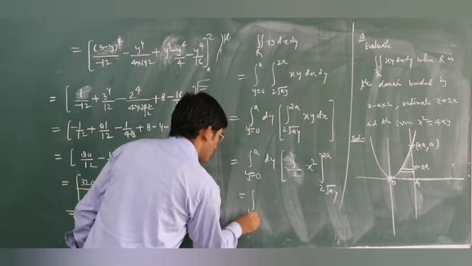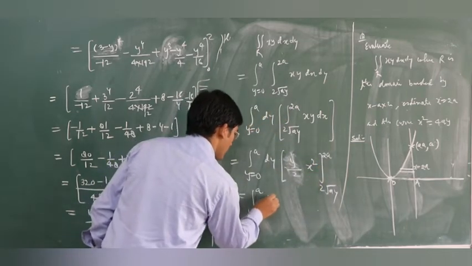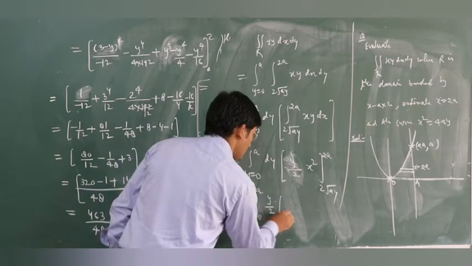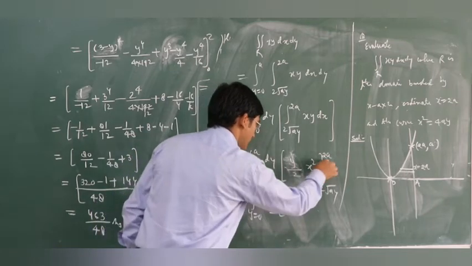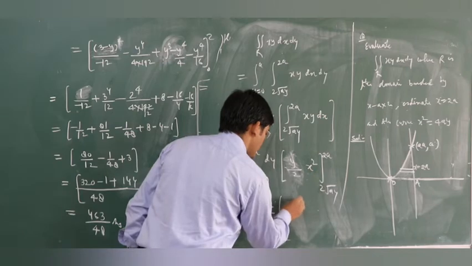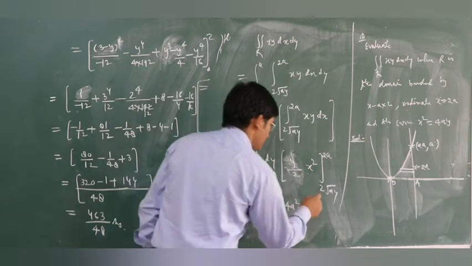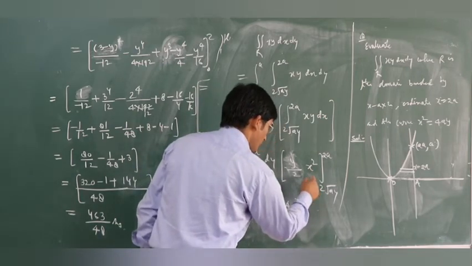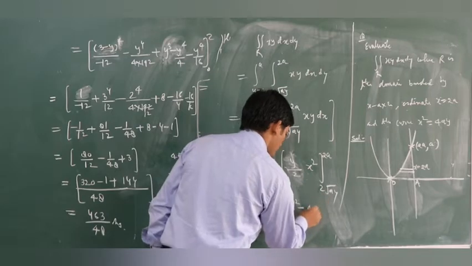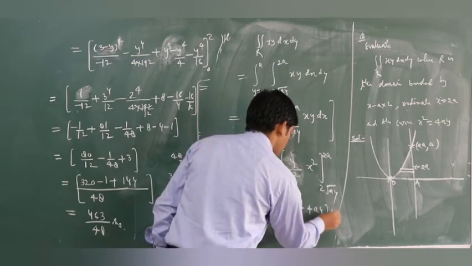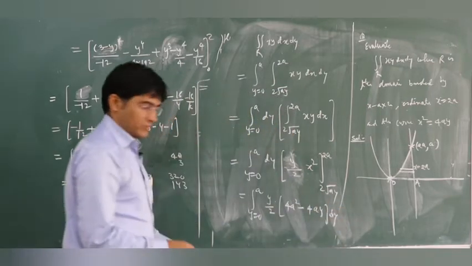For the upper limit, put x equal to 2a, so this will be 4a square, and for the lower limit we will have 4 into a into y. Then the integration with respect to y.